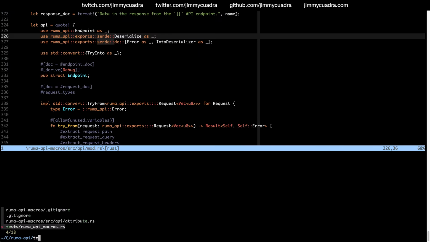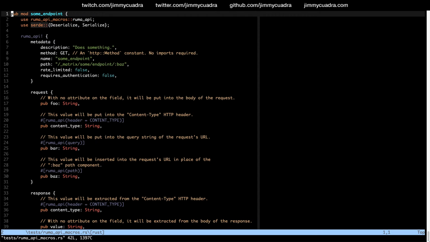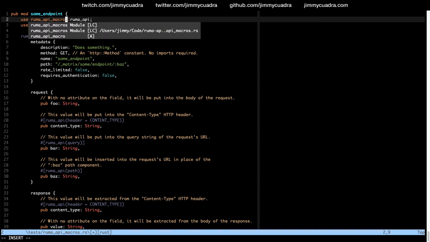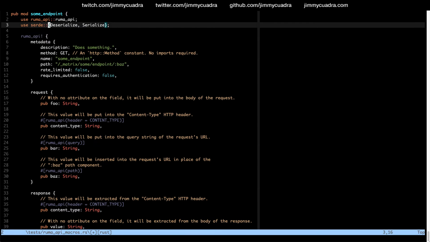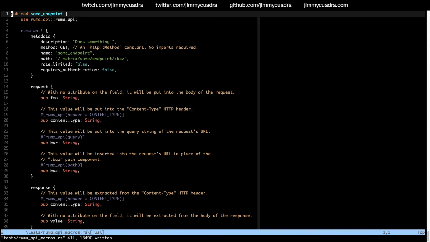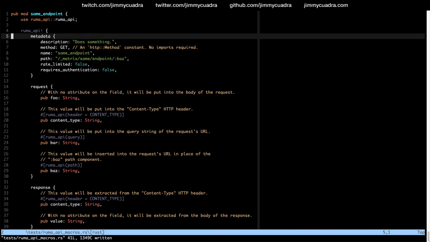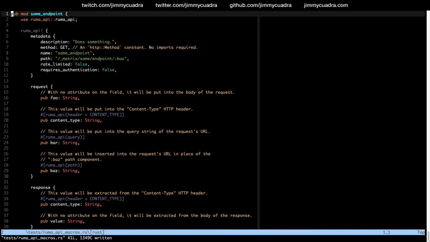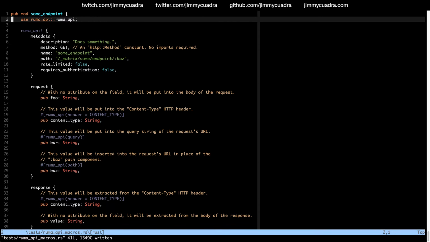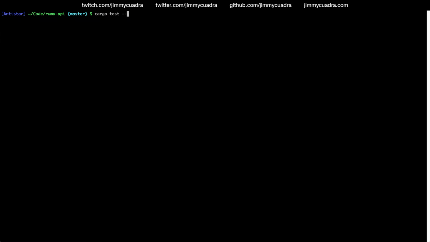And so now if I look at tests, ruma_api_macros, so this I no longer need to import from here, and I think I don't need that anymore either, because that's now all contained within ruma_api. Because ideally what we want is that you should not have to import any dependencies that this refers to. It should all be pointing to the versions that are hidden inside ruma_api. That's the point of this merge. So let's run cargo test. Let's see how far we get.